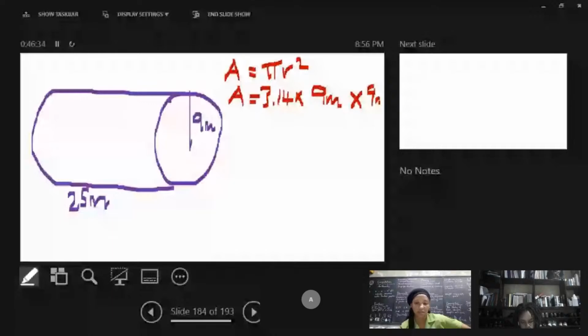And that gives what? 254.34 meters squared. All right, so that's the area of the circular base.